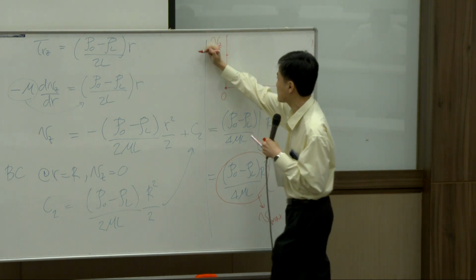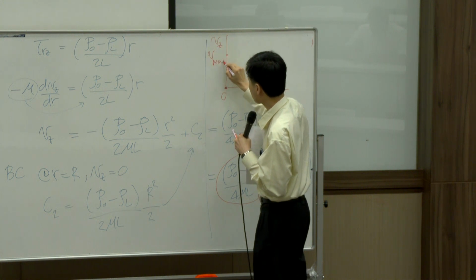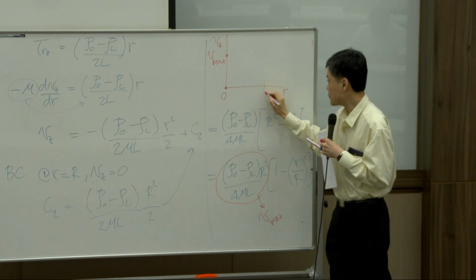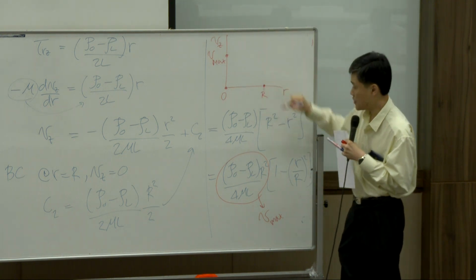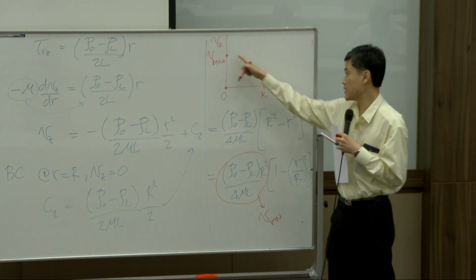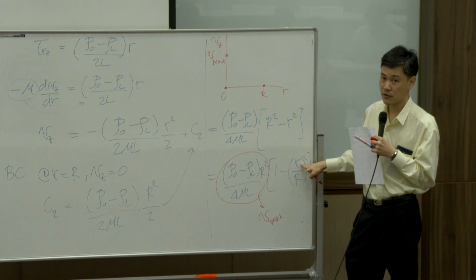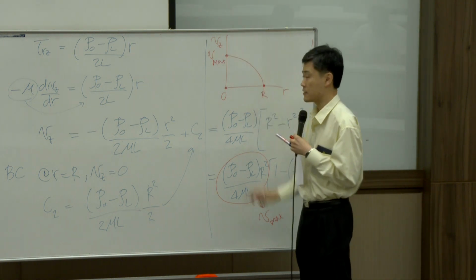That's Vz max, or V max. It is here. At r equal to capital R, velocity is 0, is here. In between, the function depends on r squared. So it is parabolic. So it looks like this.